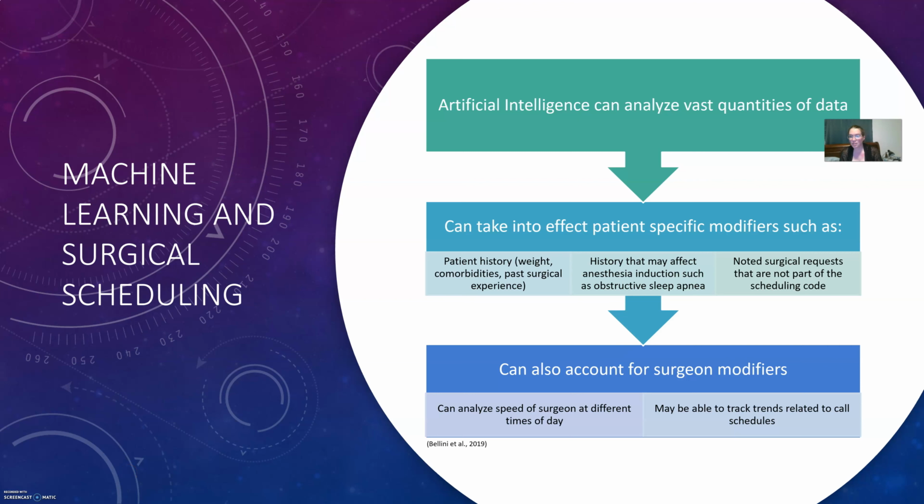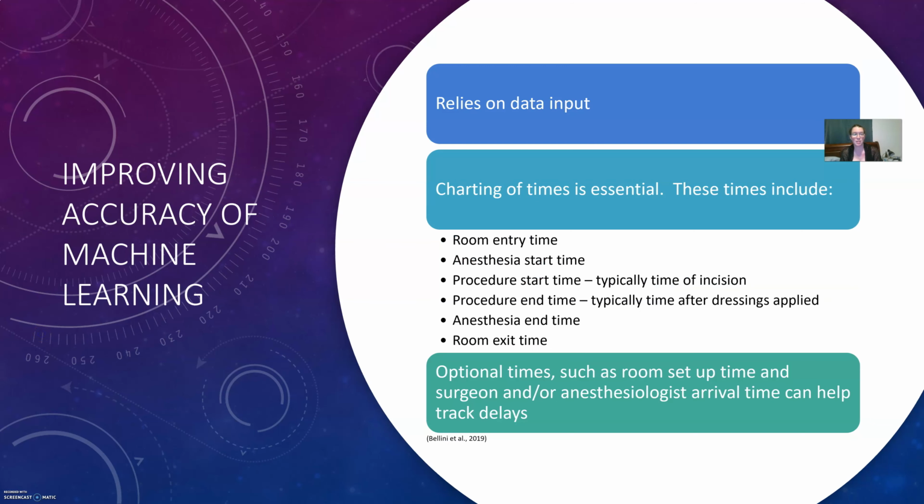And this can also account for surgeon modifiers, such as a surgeon that works faster in the morning or a surgeon that works faster in the evening, as well as the fact that maybe after a night call shift, a specific surgeon has an average 5-minute increase in their case times. The machine learning program would be able to track these trends and actually adjust surgical times.